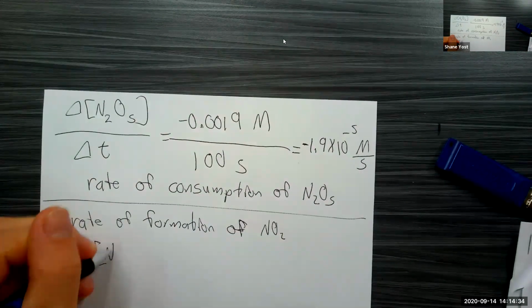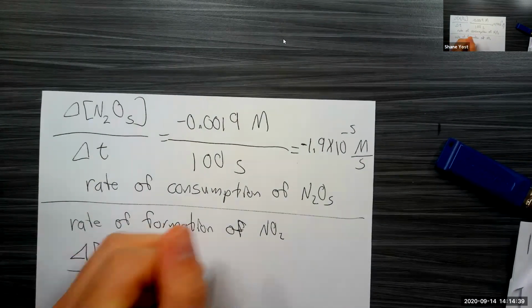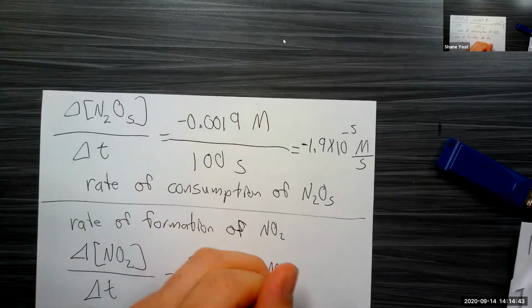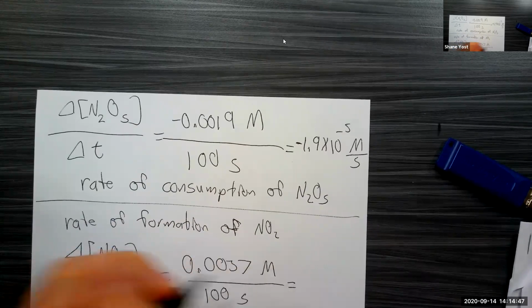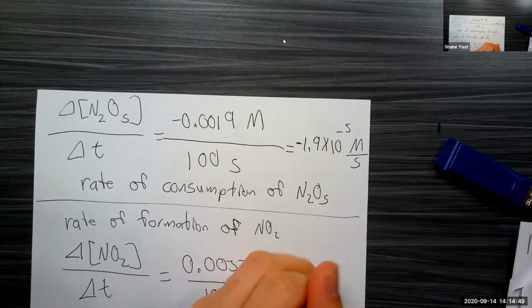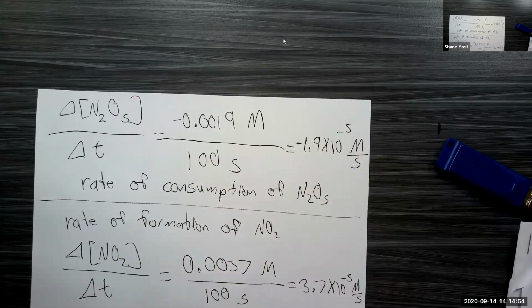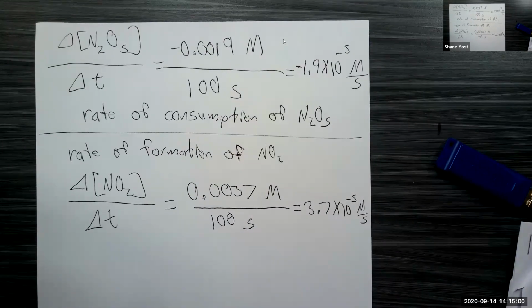So we're looking at the change in concentration of NO2 over the change in time. Again, that is 0.0037 molar over 100 seconds, which will give us 3.7 times 10 to the minus 5 molar per second. Okay.